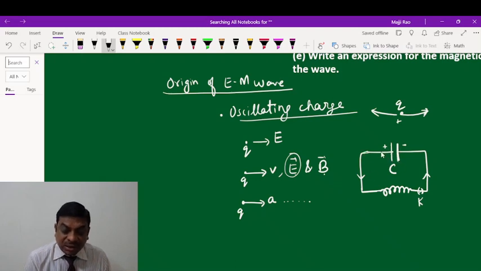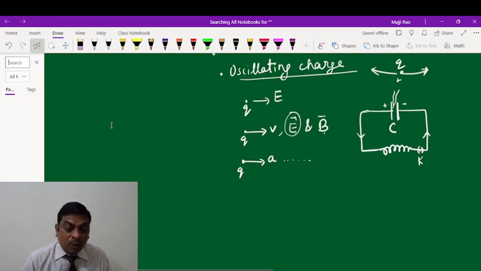That is, the capacitor will get charged, then it will get discharged, then again it will get recharged, then again discharged. So this way charge starts oscillating. So this is also a source of electromagnetic waves. Alright students, I hope that is clear.